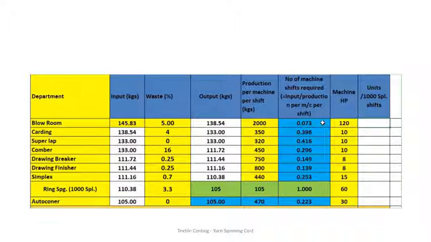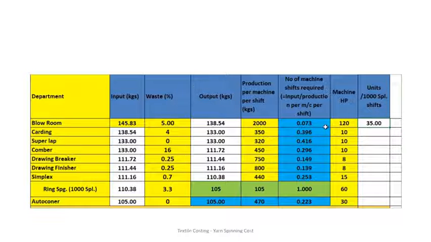We know how many machines are required for the required production of 105 GPS. We have the machine HP. Now machine HP into number of machine shifts required into 4 will give this answer here.